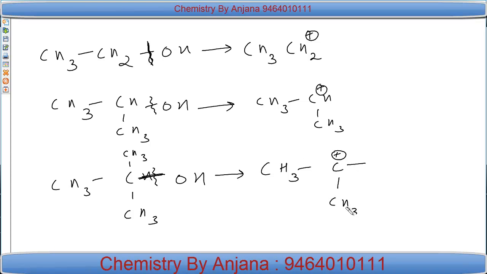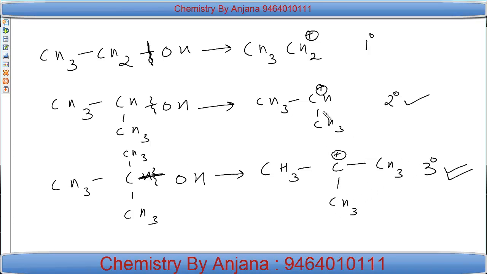If we compare the stability of these three carbocations, due to the inductive effect of alkyl groups attached to the carbon carrying the positive charge, we see that tertiary carbocation is most stable, then secondary carbocation, and least stable is primary carbocation. So in case of tertiary alcohol, this step goes with much ease, as it results in a very stable intermediate, and that is tertiary carbocation.